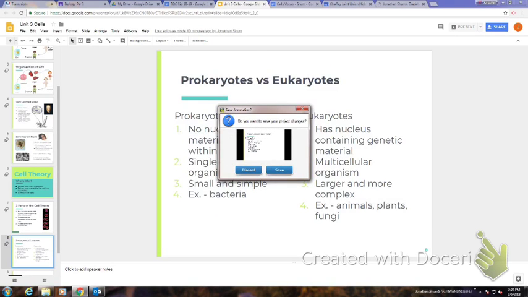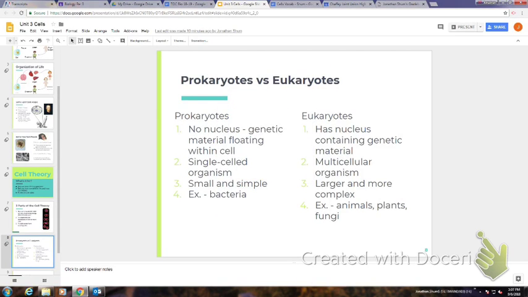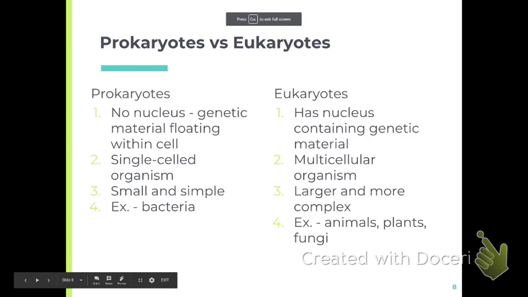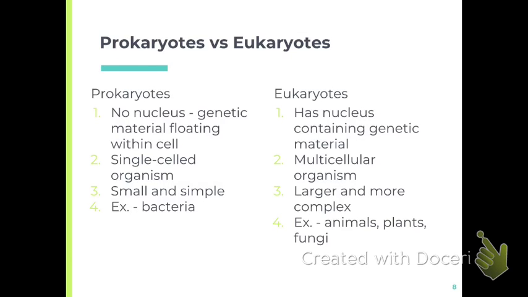The comparison is a eukaryote. Eu means after, so after the nucleus. Very early on, most cells were prokaryotes, and then they started developing and evolving, and they started developing a nucleus.